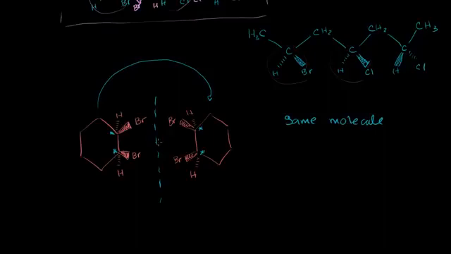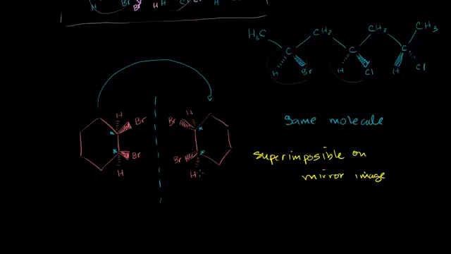It is the same thing as its mirror image. It is superimposable on its mirror image. So even though it has chiral carbons in it, it is not a chiral molecule.